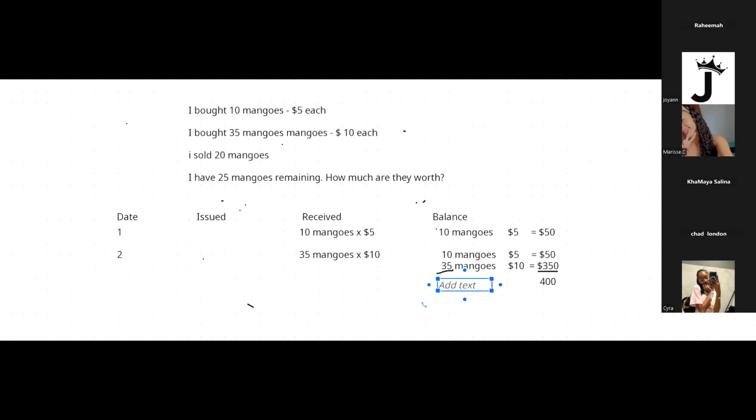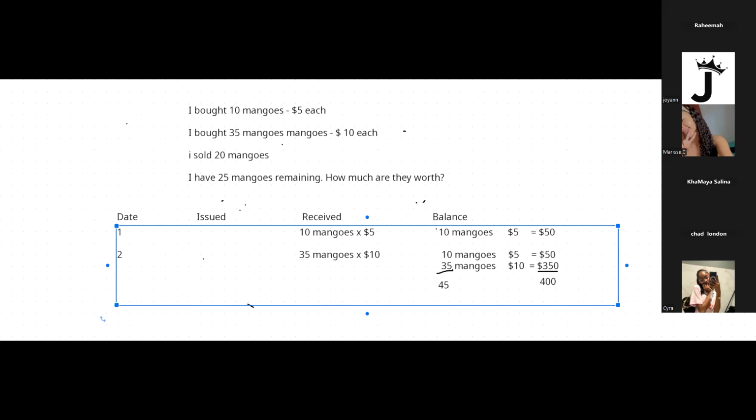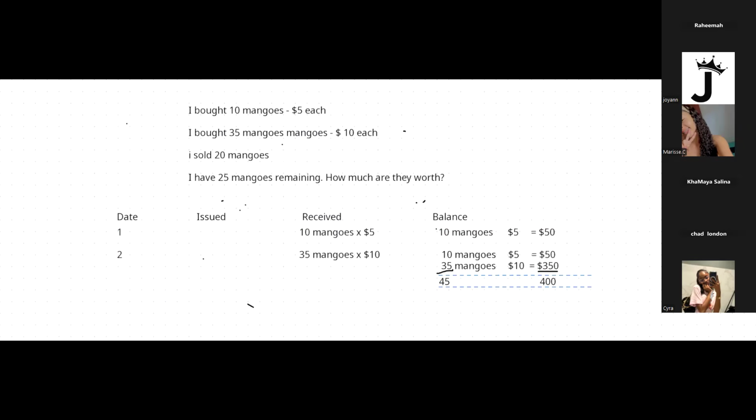So my average cost would be the total cost, 400, divided by 45, the total amount of units. 400 divided by 45 is $8.89. So my average cost would be $8.89.